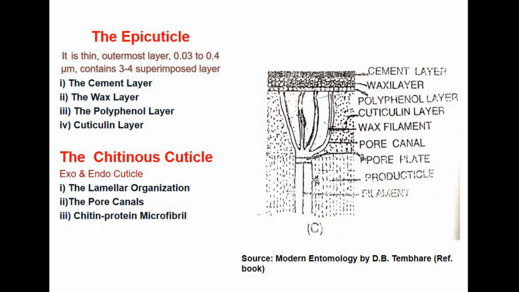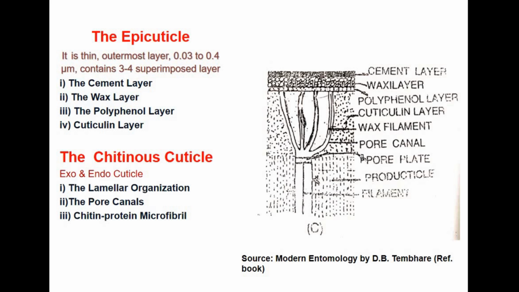It is composed of 3 or 4 superimposed layers: the outer, which is the cement layer, the second, that is the wax layer, the third, that is the polyphenol layer, and the fourth, that is the cuticulin layer, which is the innermost layer. The polyphenol layer is reported only in some insects, not in all insects.